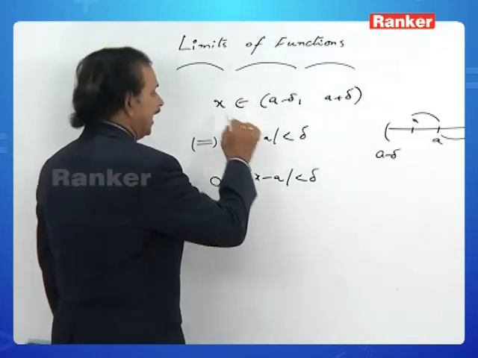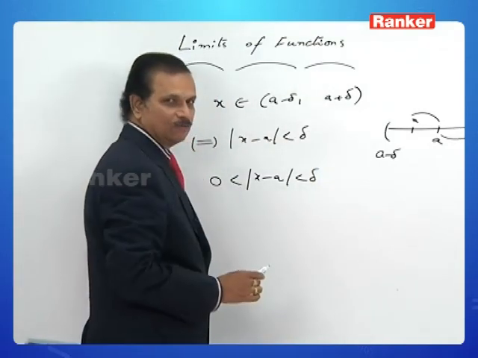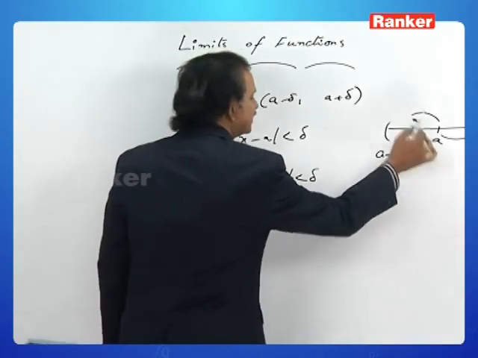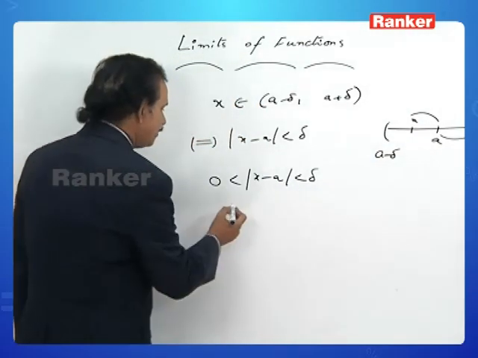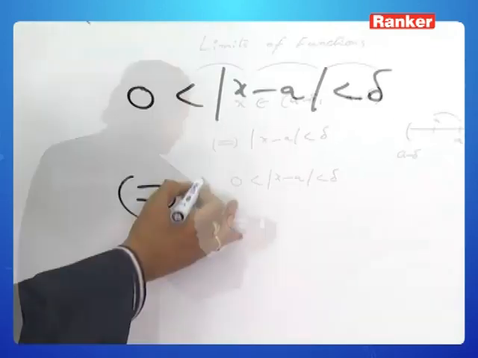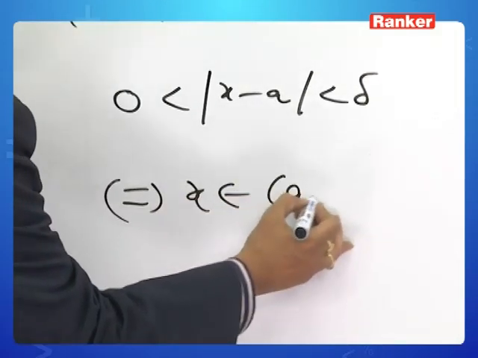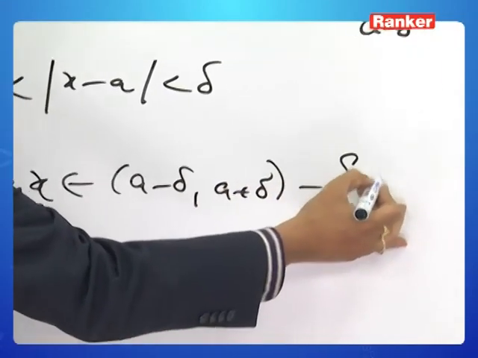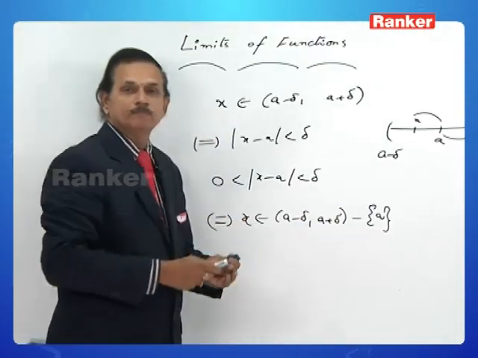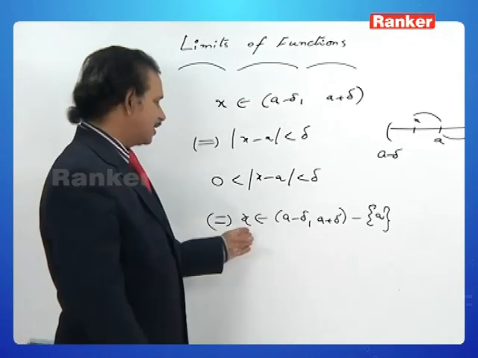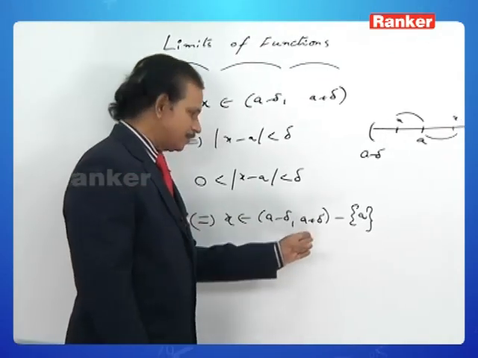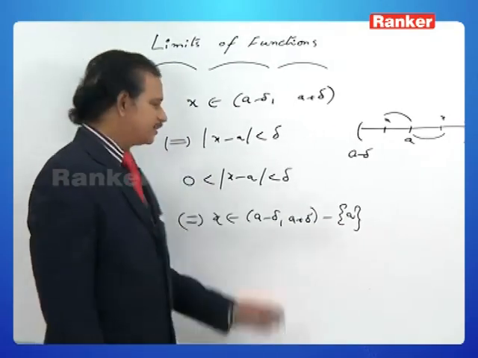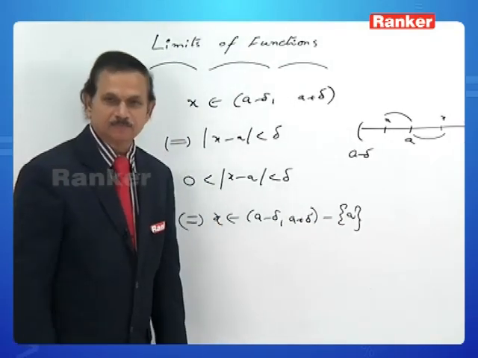That is, x belongs to this open interval a minus delta to a plus delta, and x is not equal to a. What do you mean by that? This is nothing but x belongs to open interval a minus delta to a plus delta minus singleton a. That is, x lies in the deleted neighborhood of a.